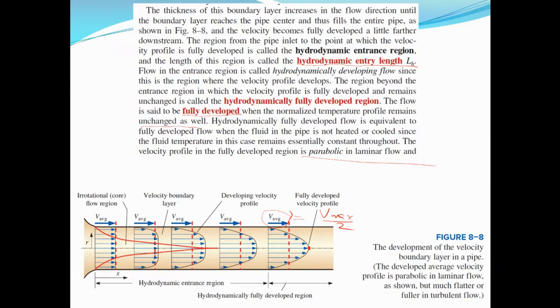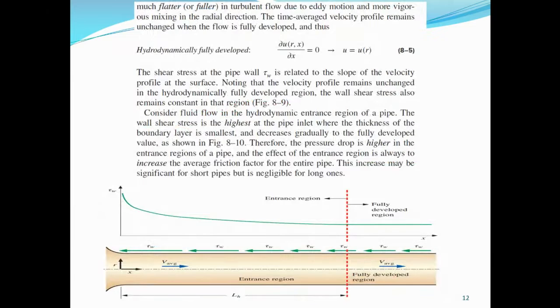Okay, if you remember, we have explained this figure before. But here we are again explaining it more and more, and we will support it with the relevant mathematical derivations as well. So you see here the shear stress is maximum here at the entrance, and then it becomes constant when the flow is fully developed.